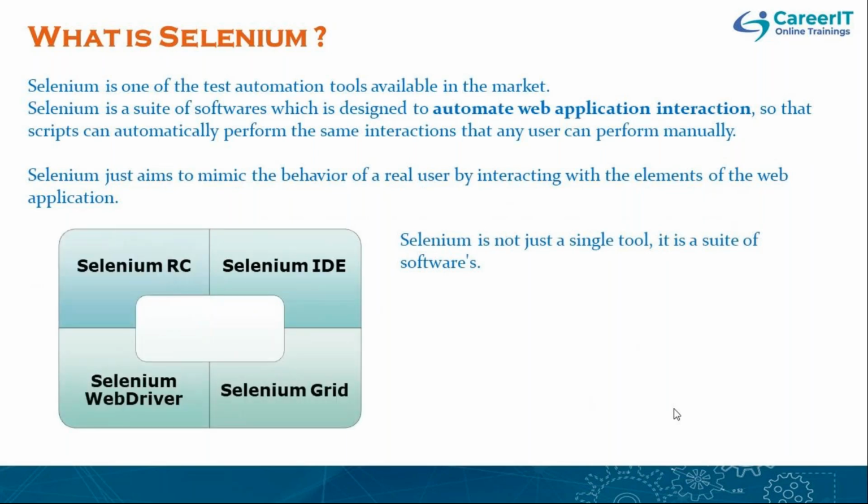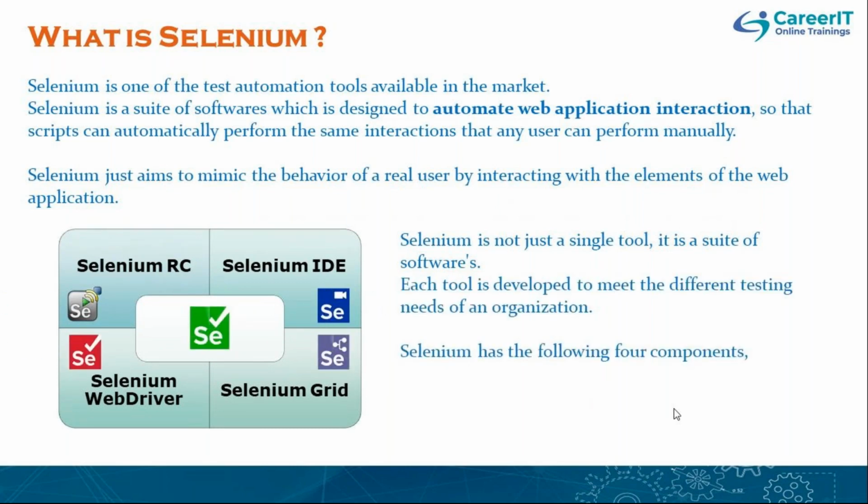As I mentioned, it has four different components: Selenium RC, Selenium IDE, Selenium WebDriver, and Selenium Grid. Selenium RC is the first component which was developed and released to the market, but nowadays we don't have it. It has been deprecated, and its features were merged into Selenium WebDriver. I will give a brief history about Selenium.